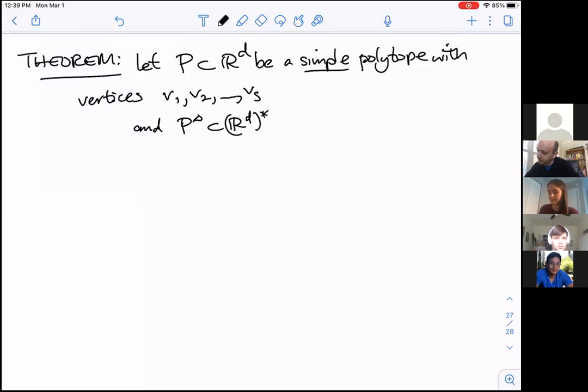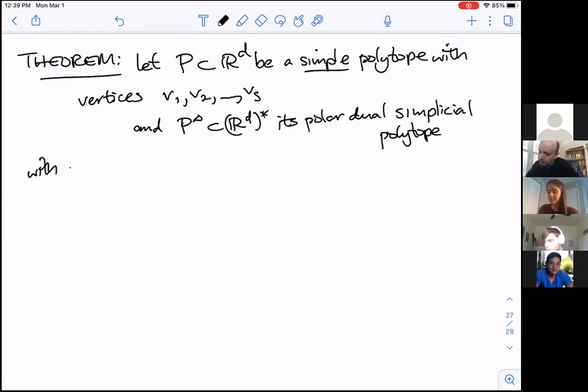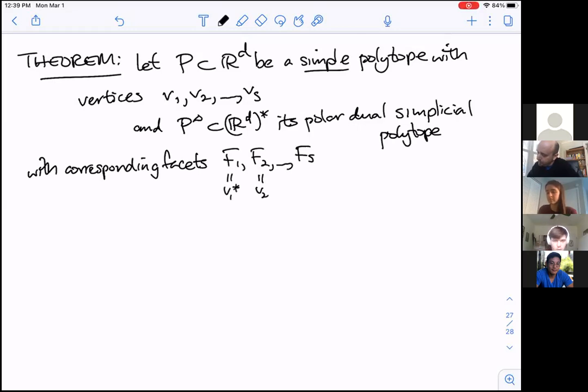P polar is the polar dual, simplicial polytope, with corresponding facets. So I want to label them by the same indices. In other words, this is V1 star, this is V2 star, and Fs is Vs star, the dual facets.